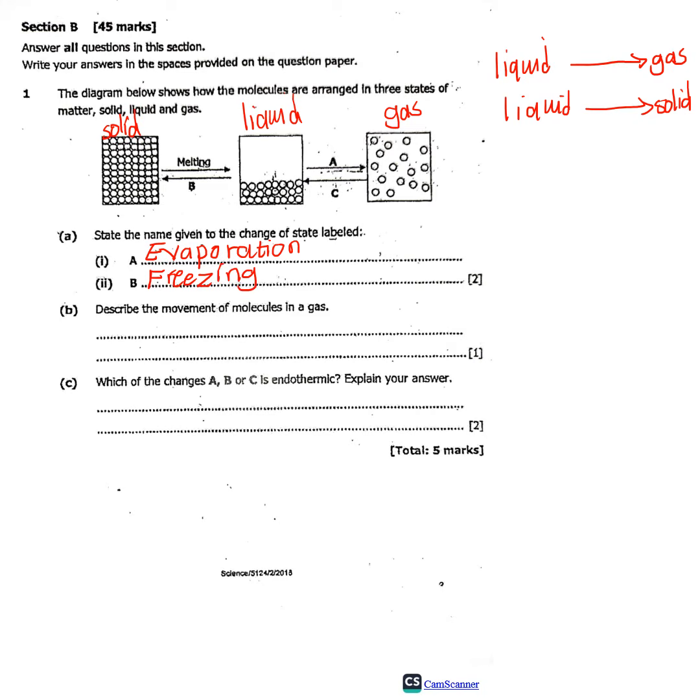Okay, now question B: describe the movement of molecules in a gas. So for a gas like this one, we can see that we have some spaces, and the characteristics of the particles under a gas, the particles are smaller than the spaces between them. So therefore, the particles are free to move.